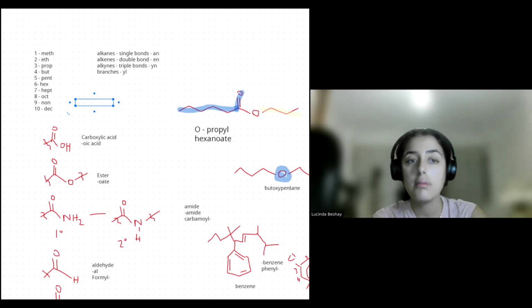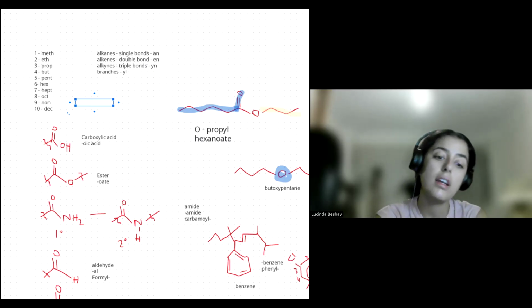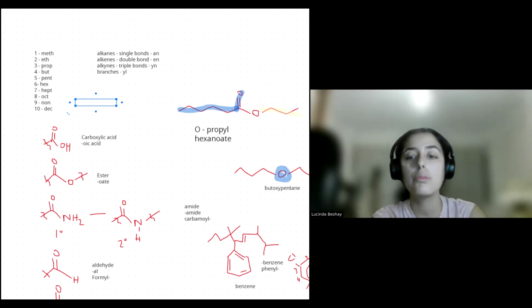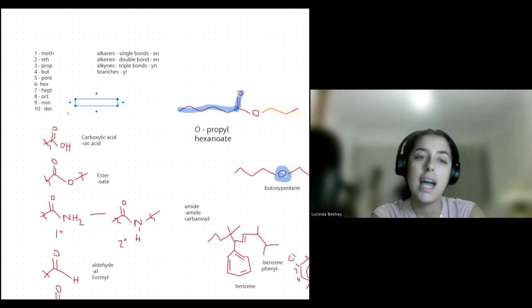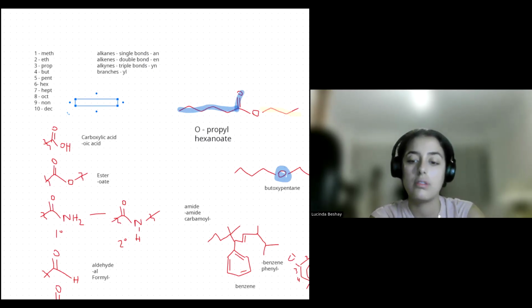So anytime I'm talking about any group but the carboxylic acid and aldehyde, I have to write its location. So I have to write a number before it. Now the structure is number dash branch, and then you'd probably have a number here somewhere, again, unless it's a carboxylic acid or an aldehyde.